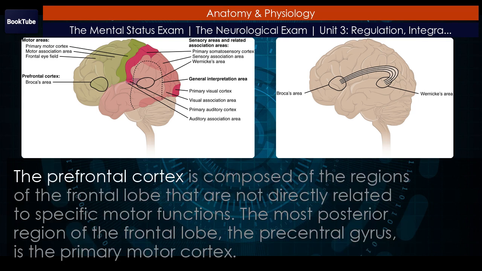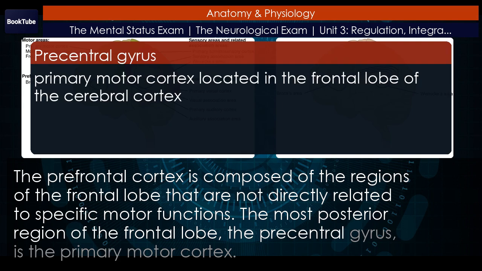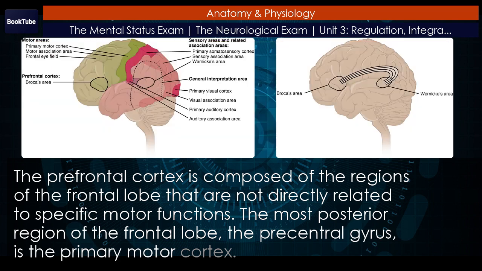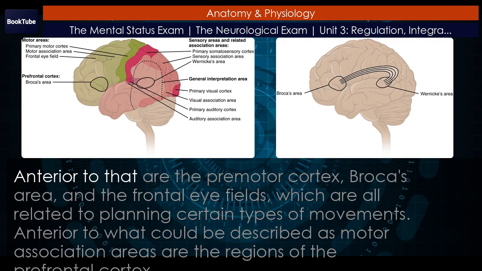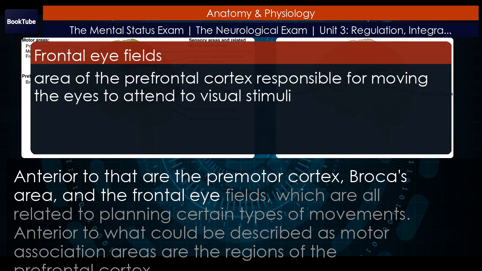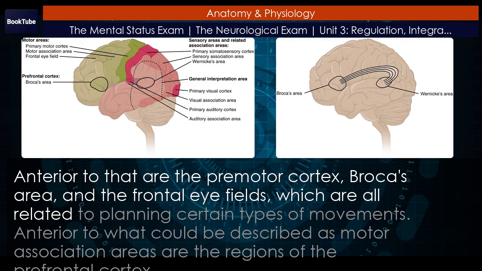The prefrontal cortex is composed of the regions of the frontal lobe that are not directly related to specific motor functions. The most posterior region of the frontal lobe, the precentral gyrus, is the primary motor cortex. Anterior to that are the premotor cortex, Broca's area, and the frontal eye fields, which are all related to planning certain types of movements.